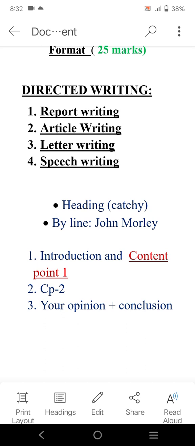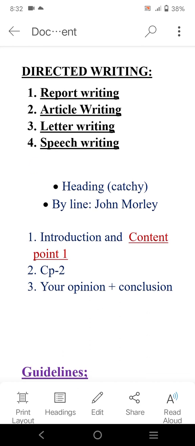The introduction will be small, beginning with the first word of the given text. There will be two texts, text A and text B. Content point one is based on reading both texts, and in a magazine article it mainly contains the advantages and disadvantages.